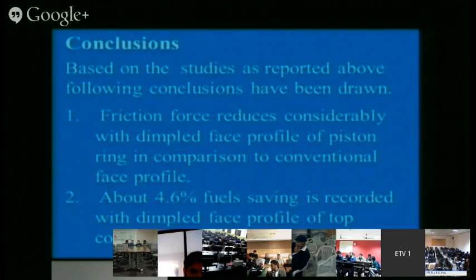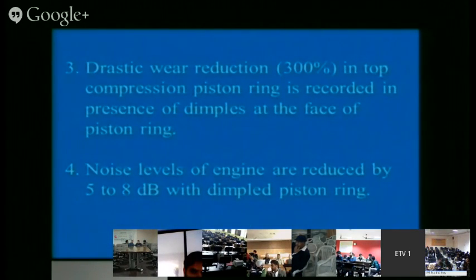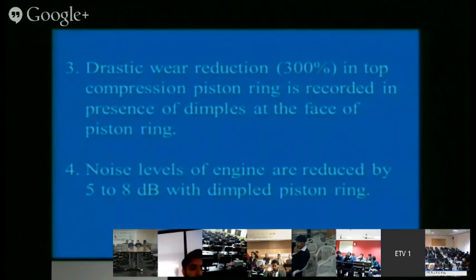Another finding is where the reduction is drastic, 100% in some places. With only a modification of the top compression piston ring, noise level is reducing by 5 to 8 decibels with the dimples.